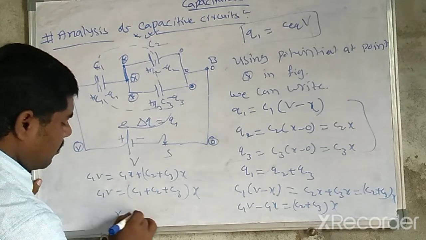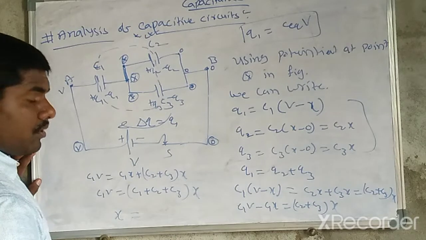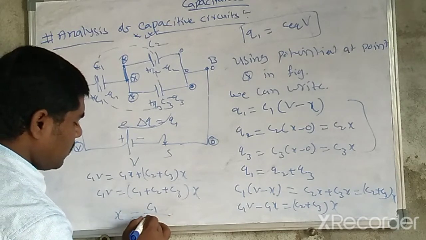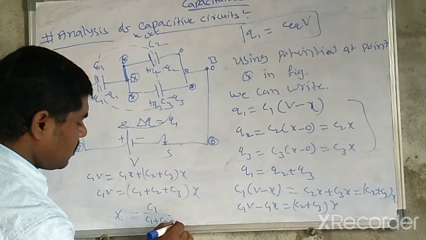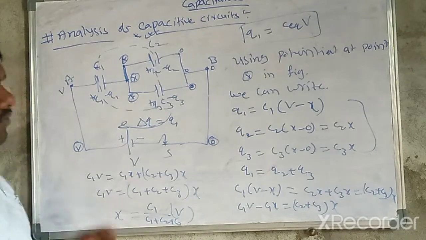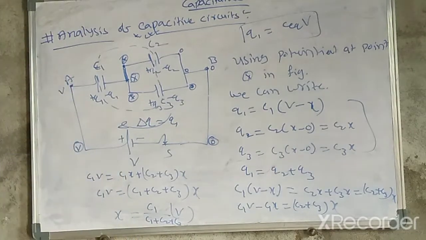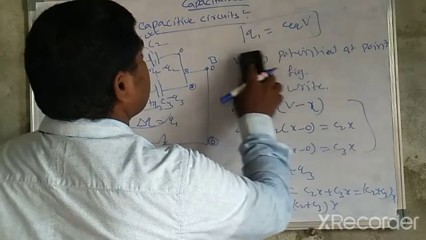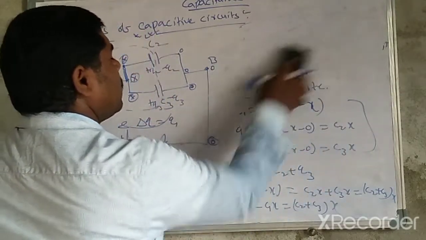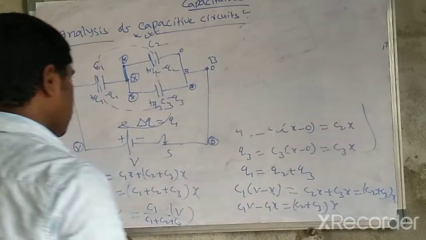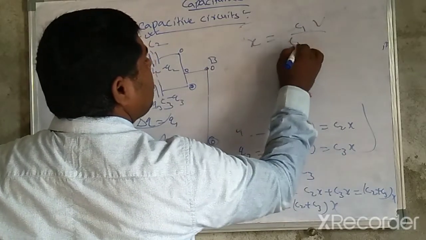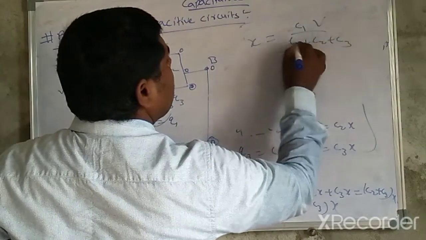Here X is nothing but the node of the capacitor circuit, C1 by C1 plus C2 plus C3 into V. It means the X value is equal to C1V divided by C1 plus C2 plus C3.